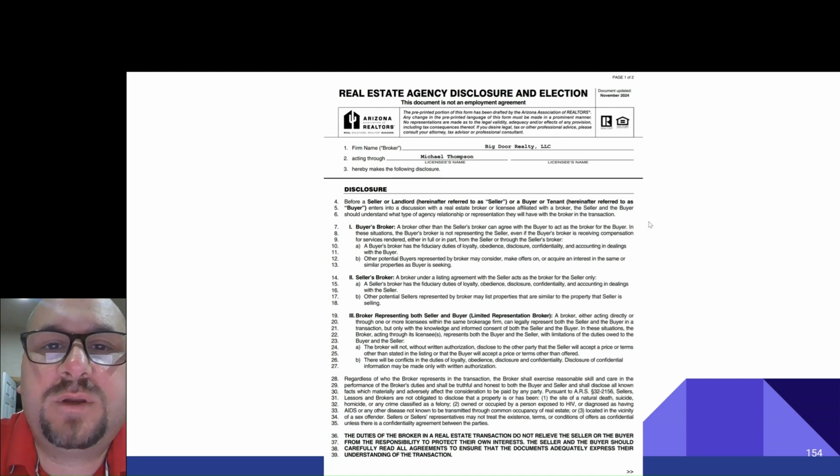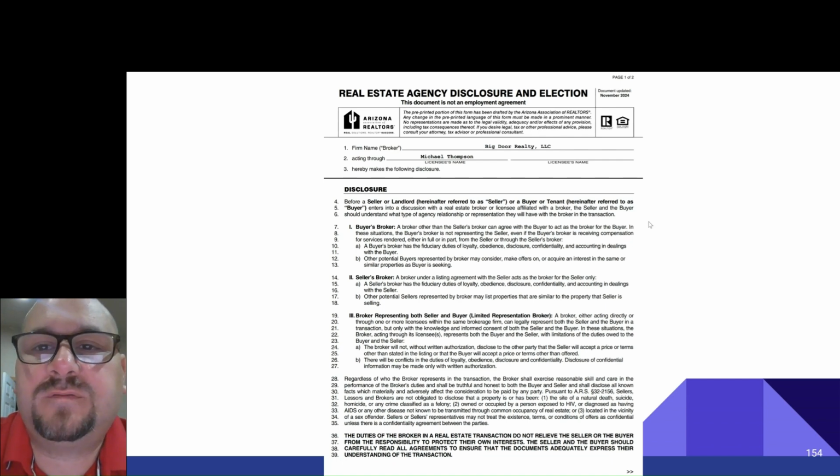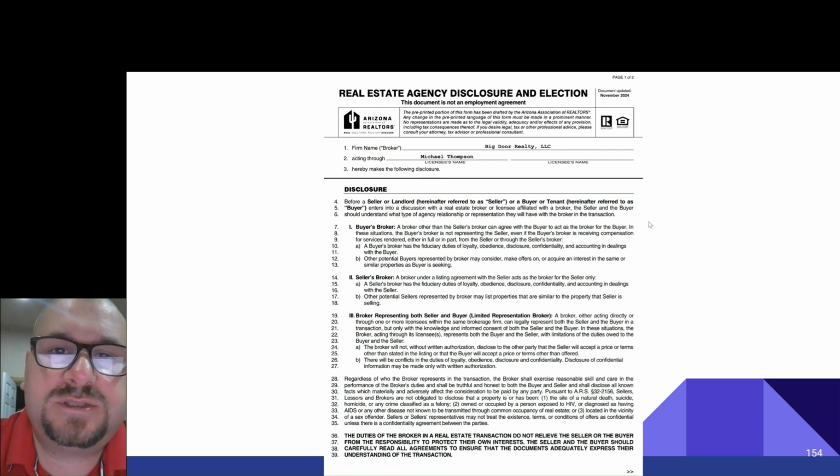Any change in the pre-printed language of this form must be made in a prominent manner. No representations are made as to the legal validity, adequacy, and or effects of any provision, including tax consequences thereof. If you desire legal, tax, or other professional advice, please consult your attorney, tax advisor, or professional consultant.